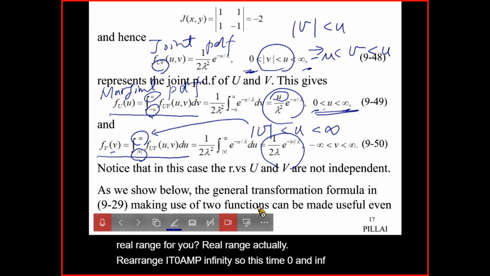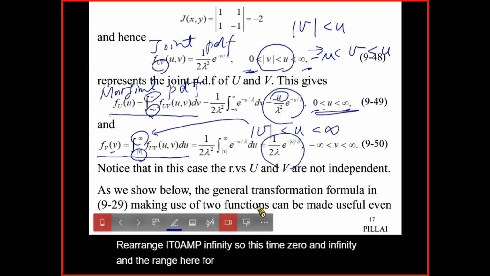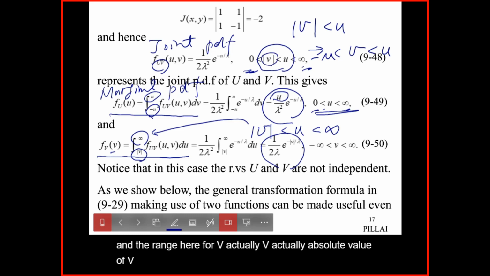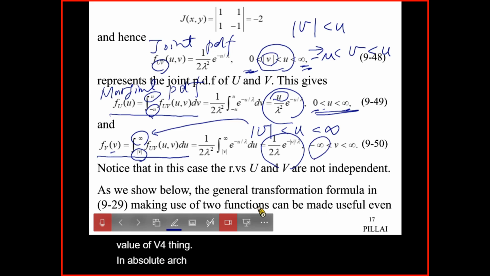And the range here for V: within the absolute value of V we actually have negative infinity to infinity, because of the absolute value.